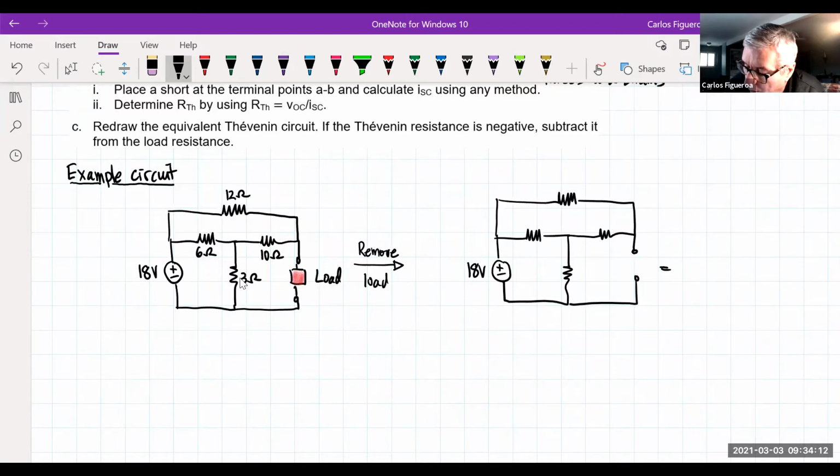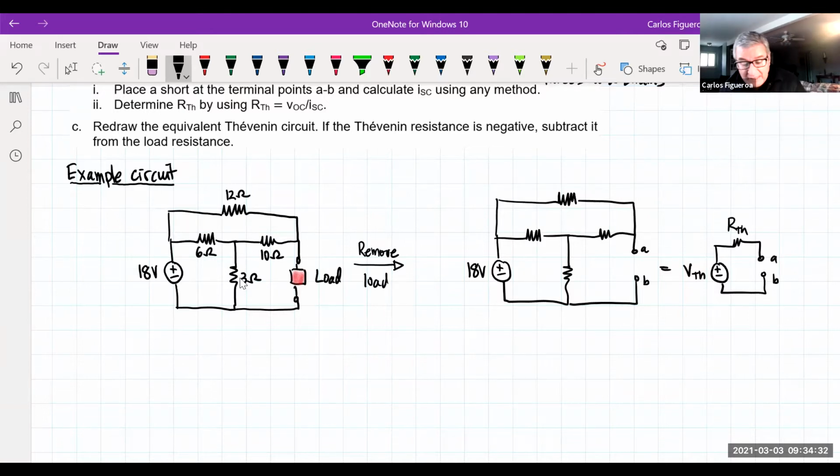My whole goal is to calculate the Thevenin equivalent like this. That's what I want to do. So I'm going to call this point AB. And so if that's the case here, then I'm going to go to step one.